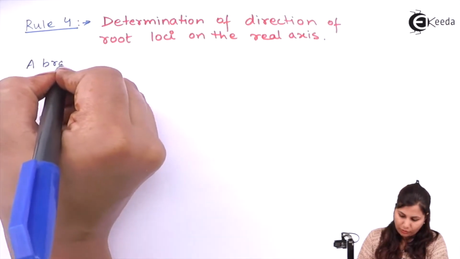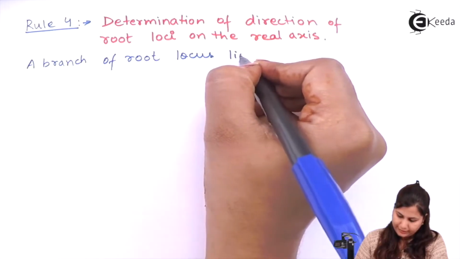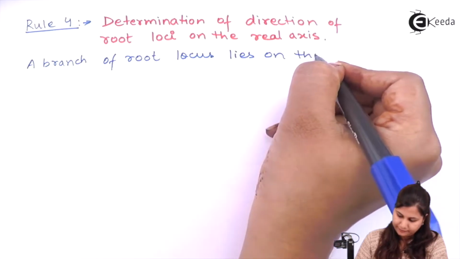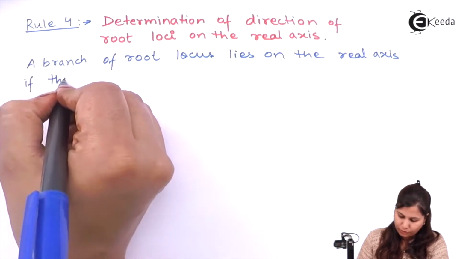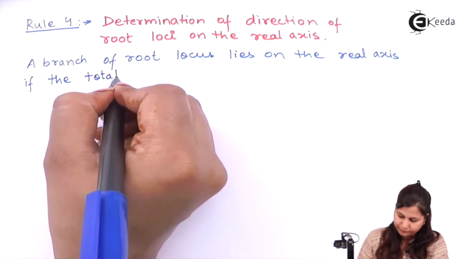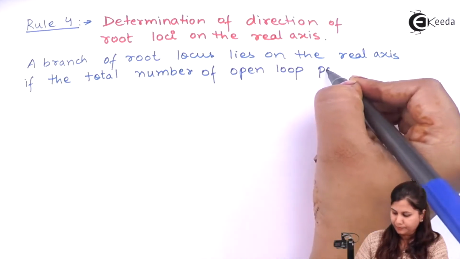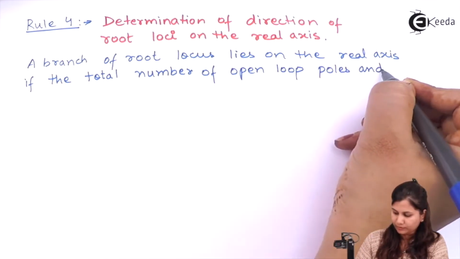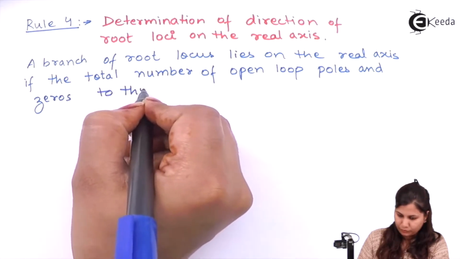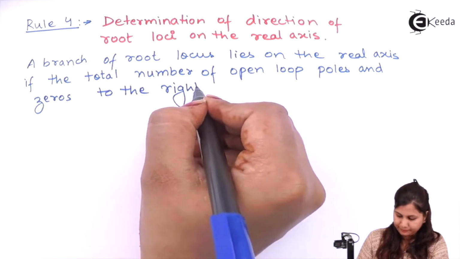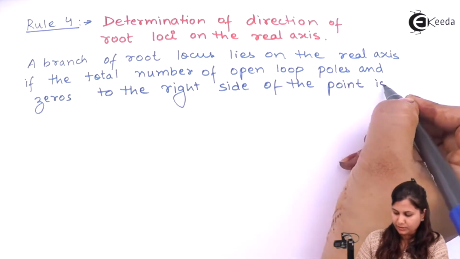A branch of root locus lies on the real axis if the total number of open loop poles and zeros to the right side of the point is odd.